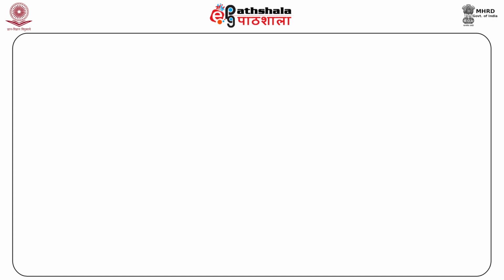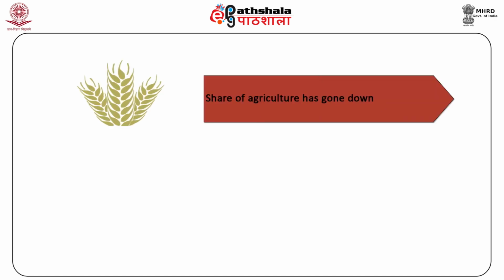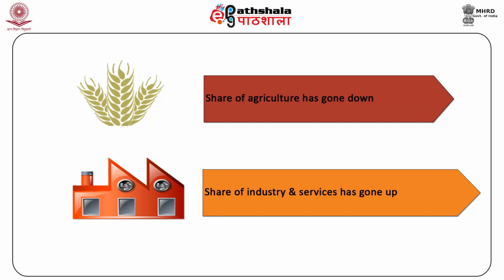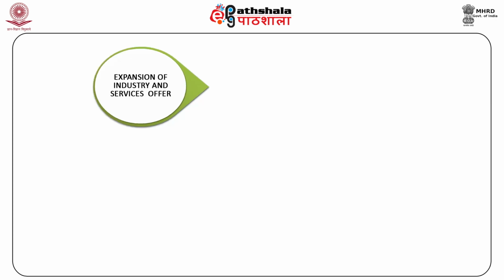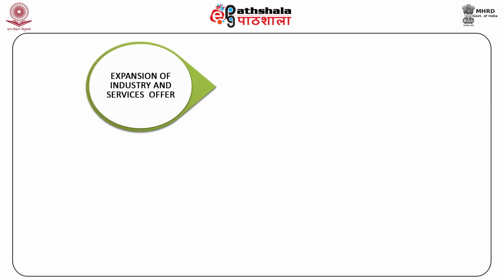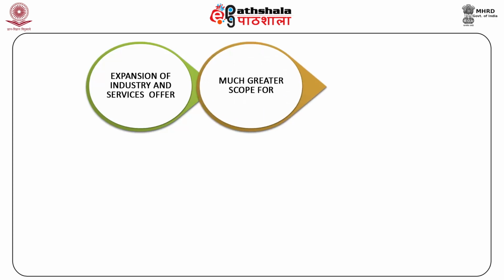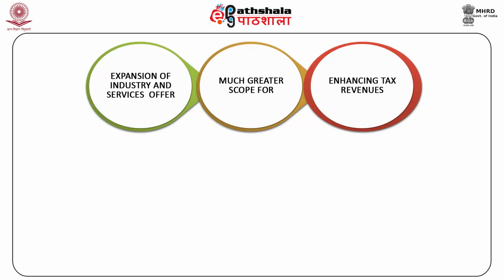With economic development, the share of agriculture has gone down considerably, while that of industry and services sector has gone up. Since agriculture has remained largely untaxed, there is no loss of tax revenue on this account, but expansion of industry and services do offer a much greater scope for enhancing tax revenues.